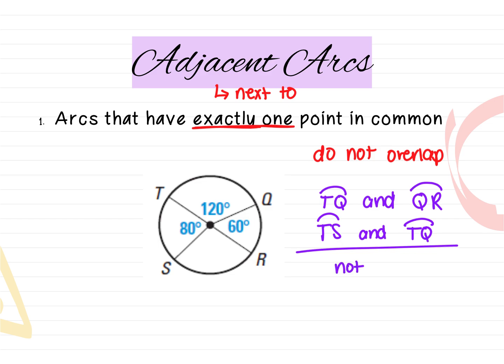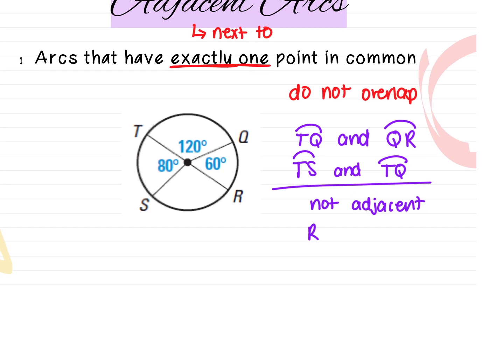Okay, what is not adjacent? So let me just give you an example. Arc RQ and arc TS. They're not directly next to each other. I could also say RS and TQ.